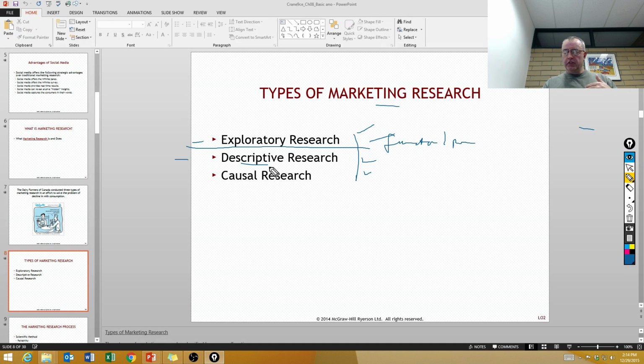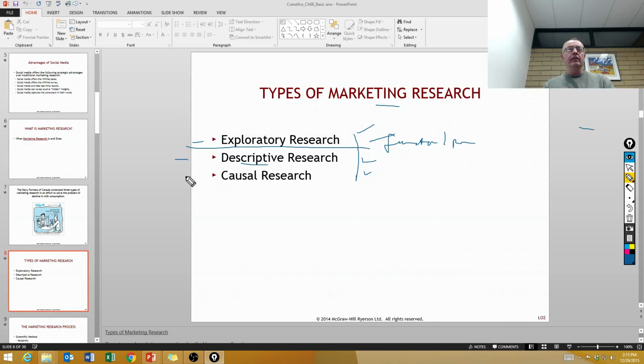Okay, so the second type of marketing research we can undertake is called descriptive research, and descriptive research describes features of a given population or marketing situation. So, for example, it can describe the size of a market or the characteristics of a market. It can describe product usage patterns, or it might describe consumer attitudes towards particular brands.